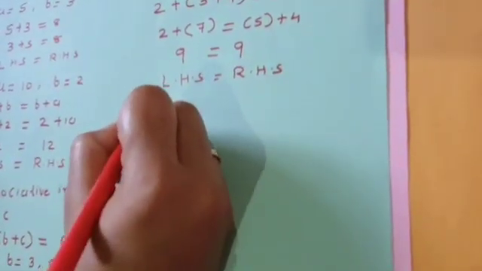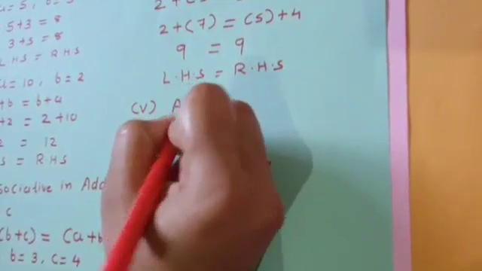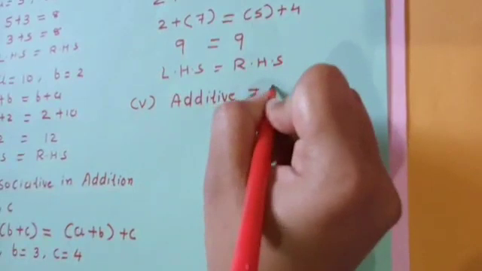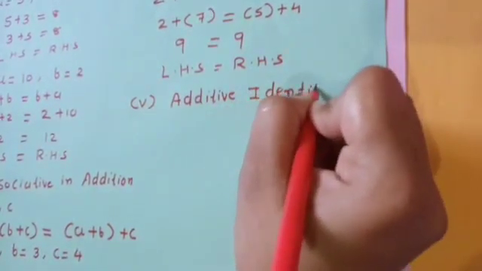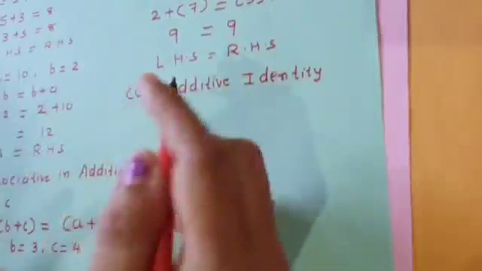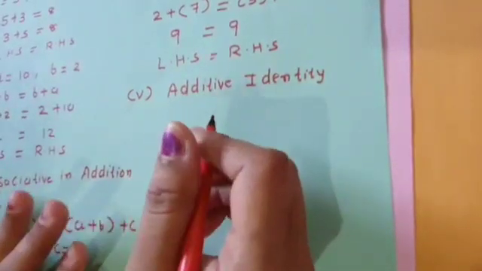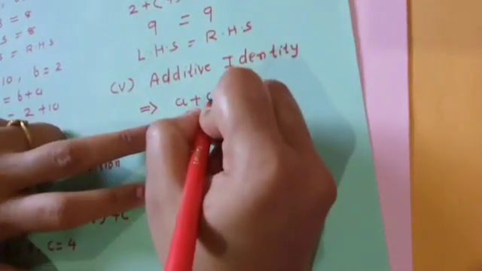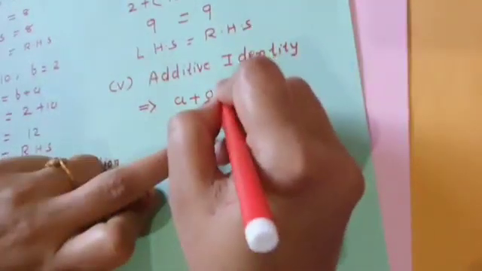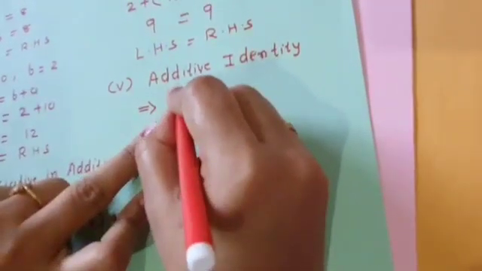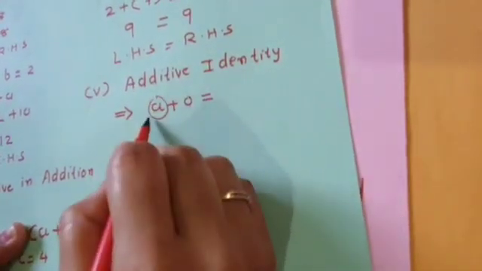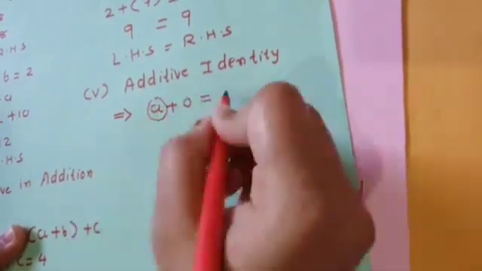The next property is additive identity. If you add 0 to any number, then the answer will be the number itself.